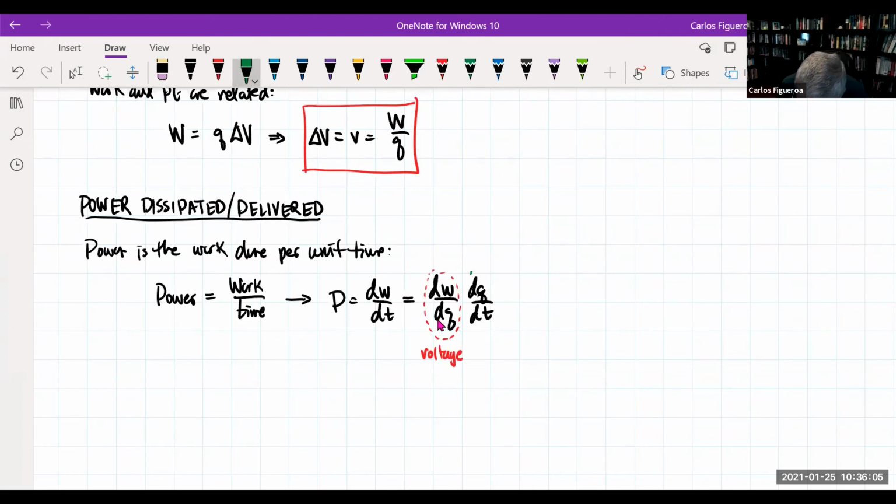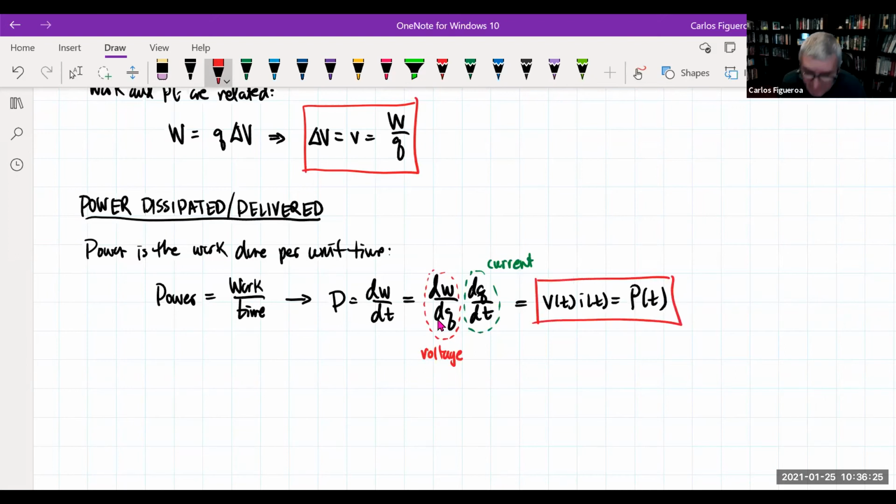And this guy over here is the current. In other words, I can write the power as the voltage times the current. And in a circuit, it's easy to measure the voltage and the current with the meter, and that gives the power.